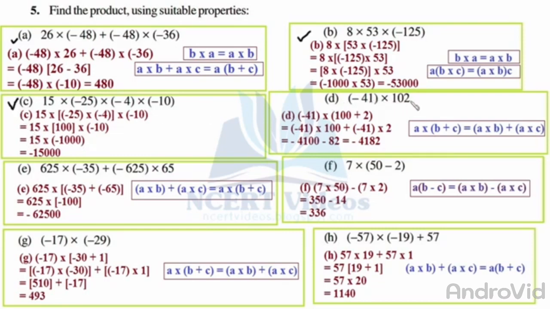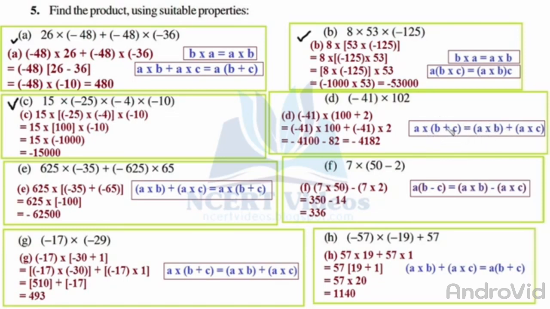Now here when we look at the terms, it is not easily multiplied. So we use our brain and split 102 into 100 plus 2, because we will multiply it in pairs. So this is distributive law over multiplication. Now you multiply minus 41 with 100 first, and then you multiply minus 41 with 2, and then you add it.